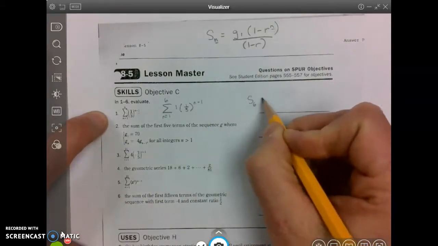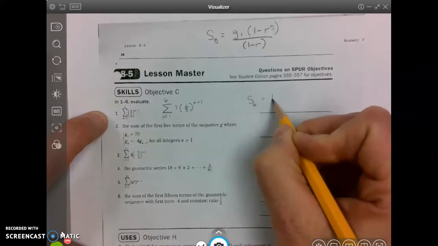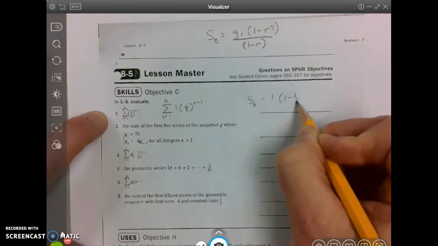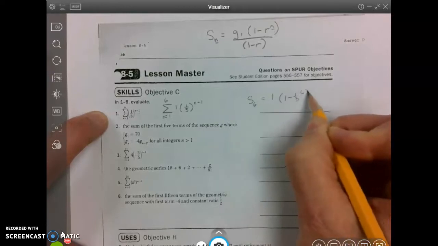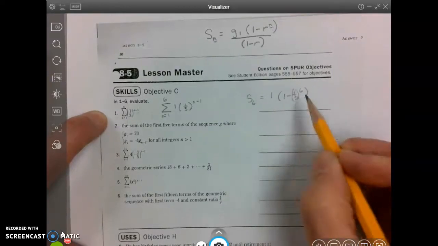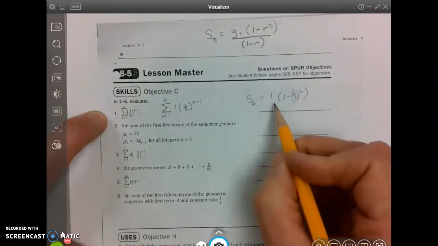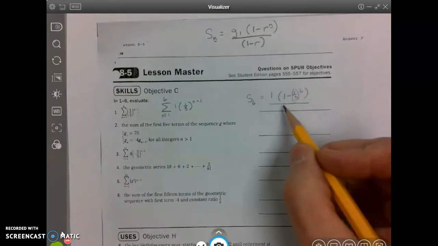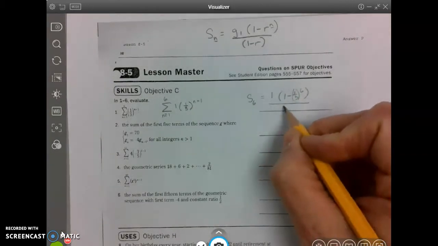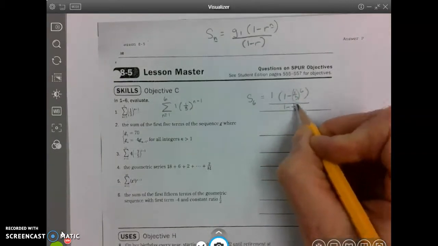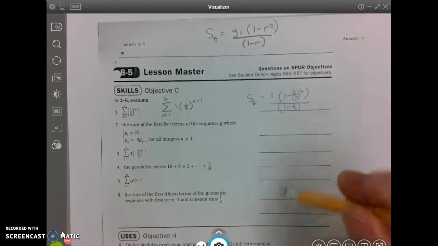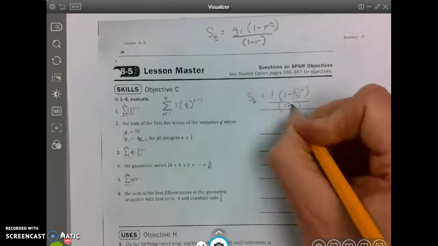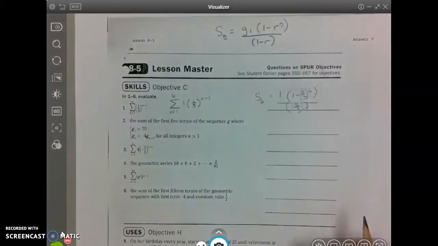So S of 6 is the first term, which is 1, times 1 minus 1/3 to the 6th power, because remember, we want to have these two match, all over 1 minus 1/3, the denominator for this sequence. Now, if rather than writing 1 minus 1/3, you just want to erase that and put that as 2/3, you can go ahead and do that.